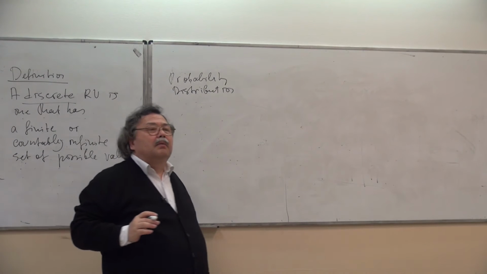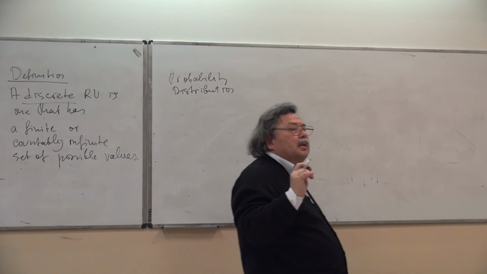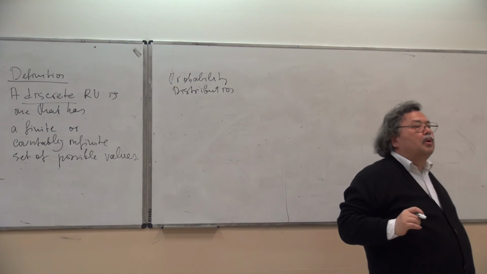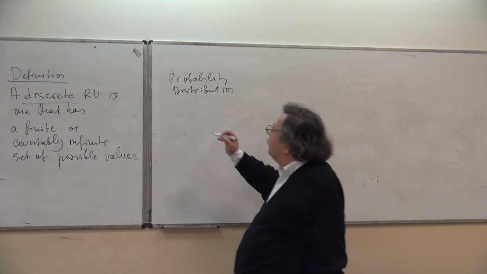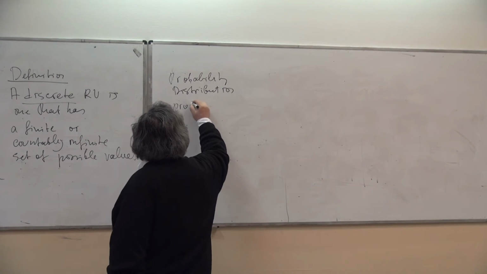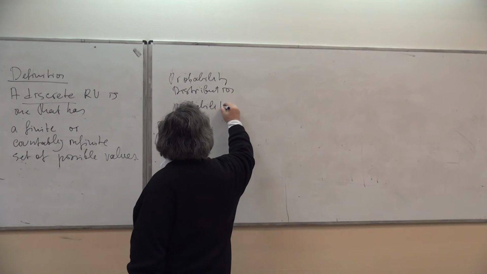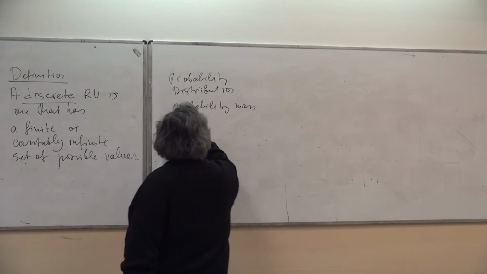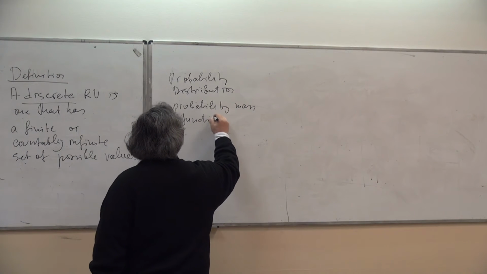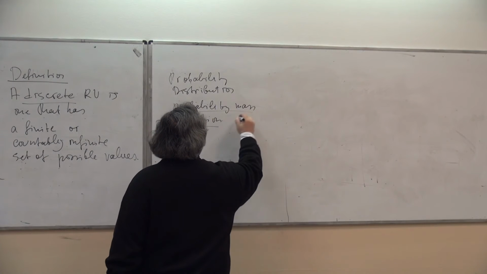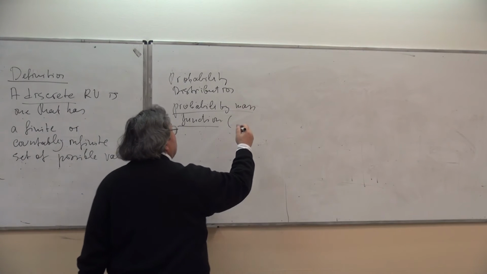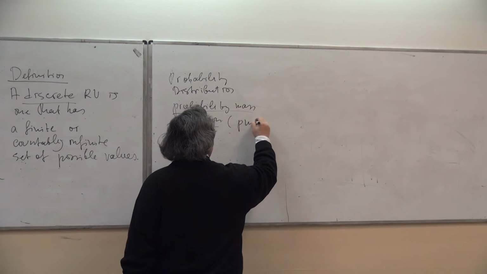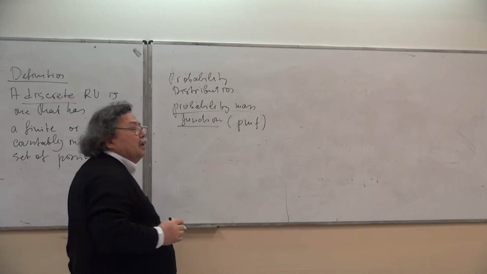For a discrete random variable, the probability distribution takes the form of the probability mass function. And there is this accepted abbreviation PMF, probability mass function.